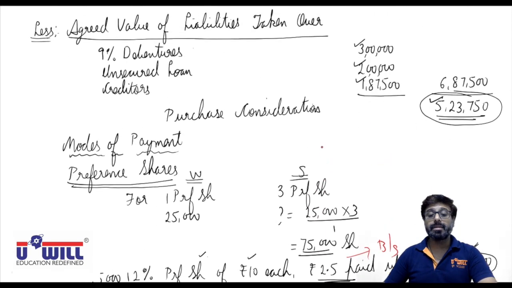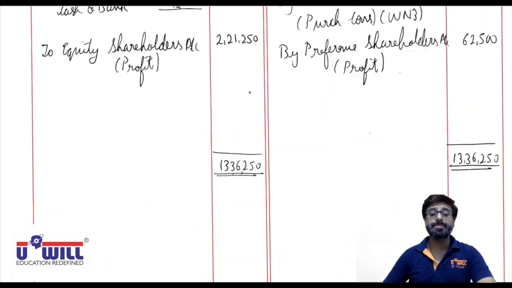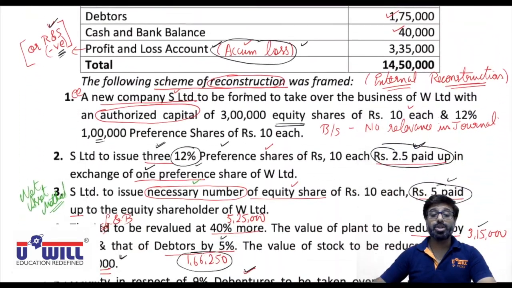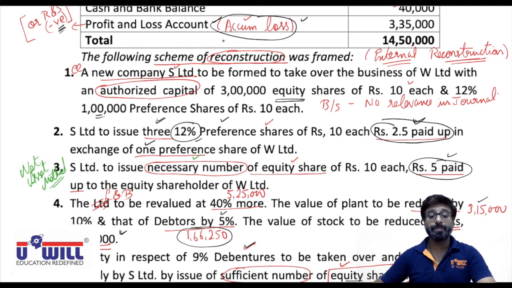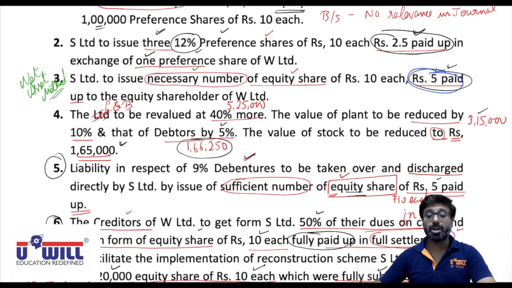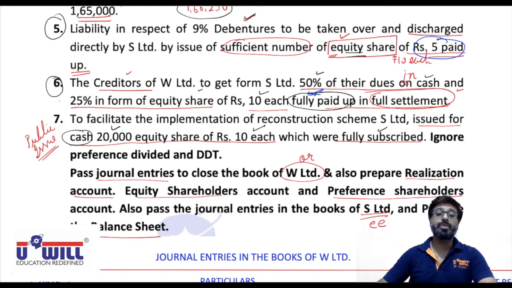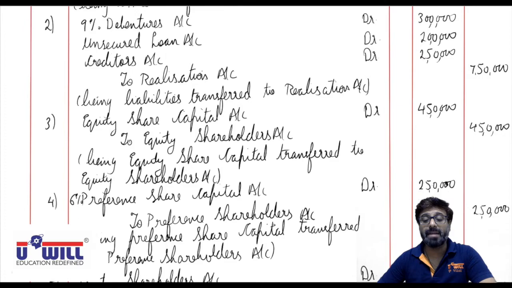However, these equity shares are fully paid up, 10 rupees. You can all see here, which are 5 paid up. Equity shares issued to equity shareholders are 5 paid up. Debenture holders are 5 paid up, but creditors are fully paid up. So we cannot combine creditors with that. What we will do is write the 5 paid up value shares first.